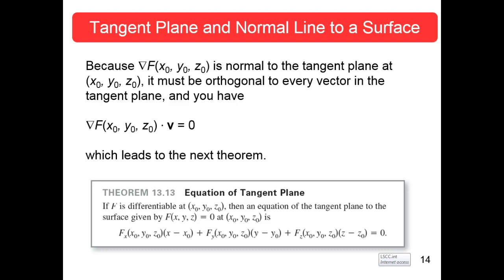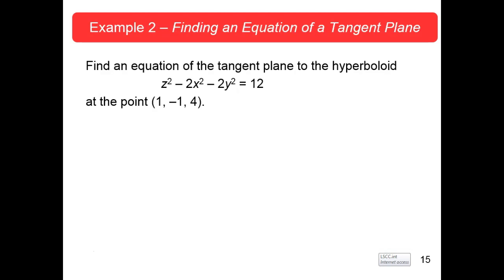So you dot those two together and have them equal 0. Okay. So you're sort of right.